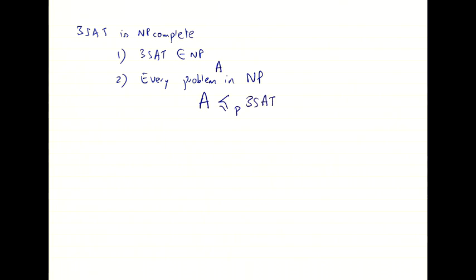Okay? But we don't have to do this proof over again. We already know that circuit SAT is NP complete. Because circuit SAT is NP complete, we know that every problem in NP can be reduced to circuit SAT.